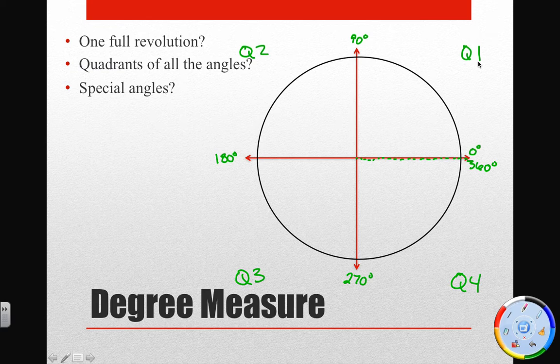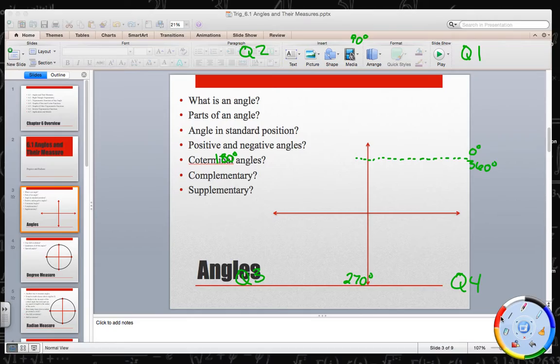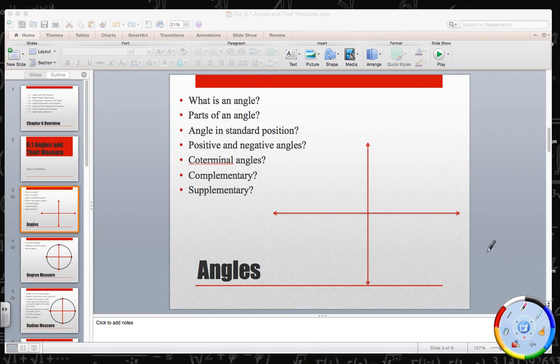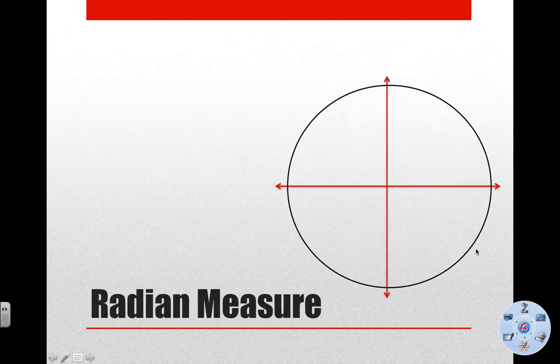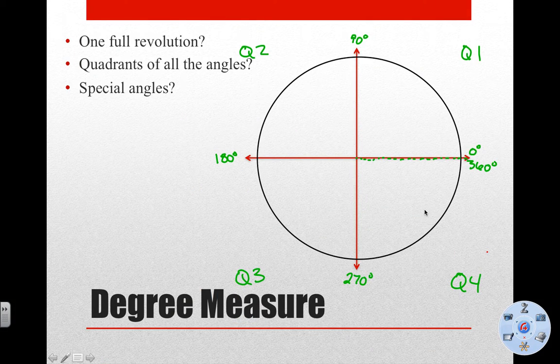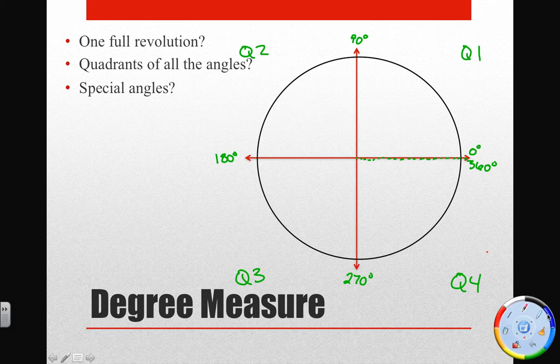All right, so you remember in geometry, you dealt with things we called special angles. Special angles in geometry were, if you recall, a 45-degree angle, because you could create a 45, 45, 90 triangle.